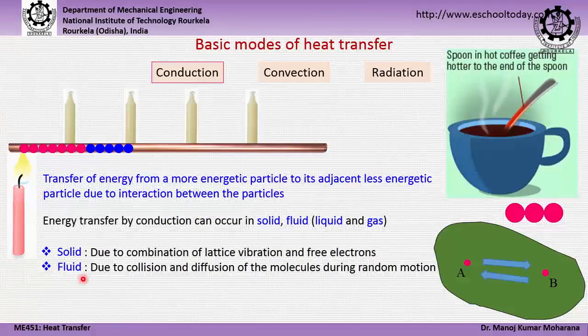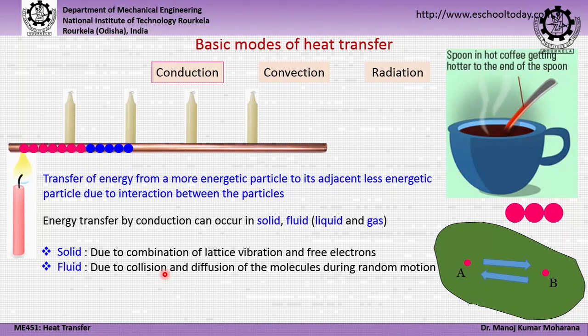Similarly, in case of fluids, which include liquids and gases, there will be transfer of energy from one molecule to another molecule whenever there is a collision. We know that molecules move within some limitations inside the domain, and the movement is smallest in case of solids, largest in case of gases, and intermediate in case of liquids.